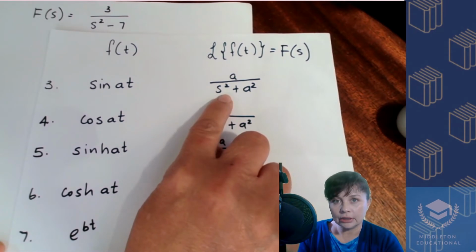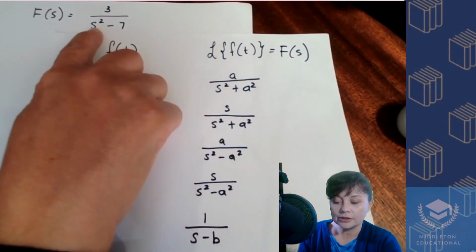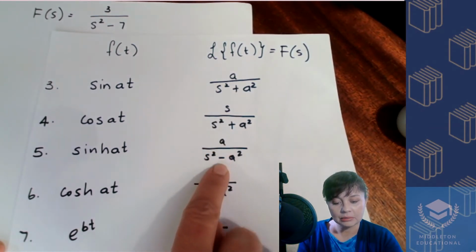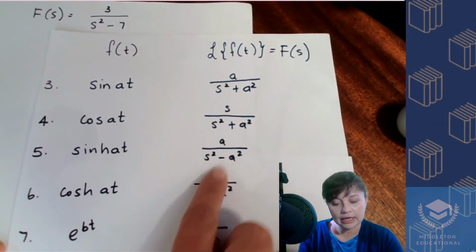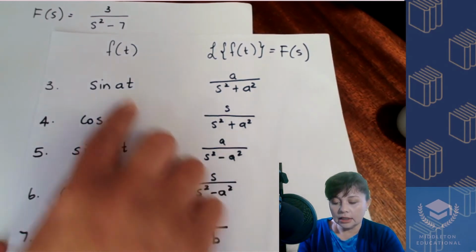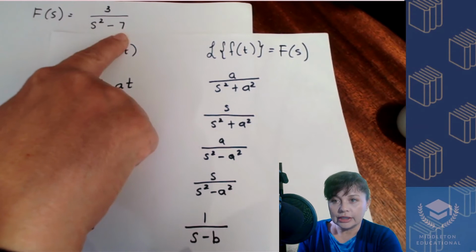We are looking for s squared minus, so that means we are looking at either number 5 or number 6, right? So it's 5 or 6.